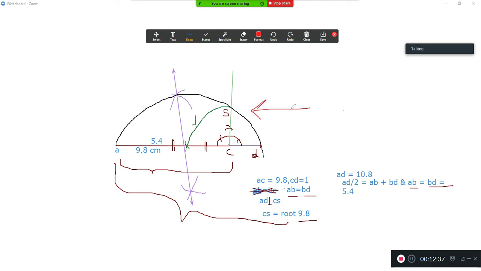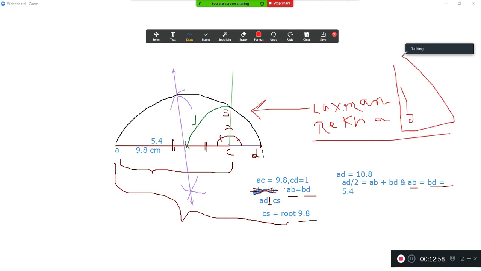Remember, it's like a Lakshman Rekha. We must not cross it. If we cross it, then there will be a problem, and the problem is that root 2 will get more than 2. That is actually not correct.